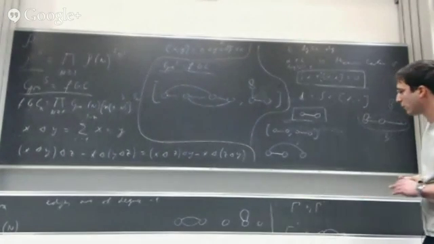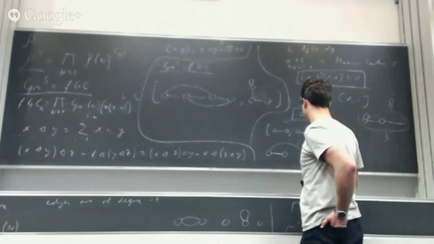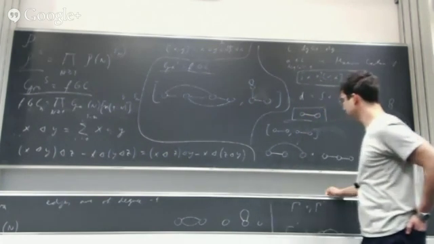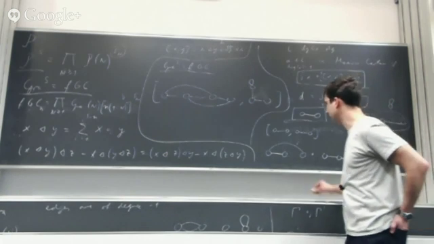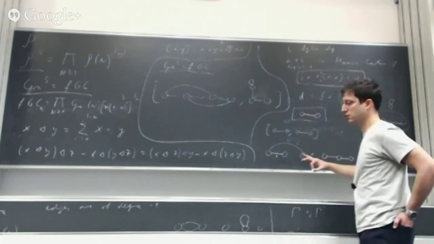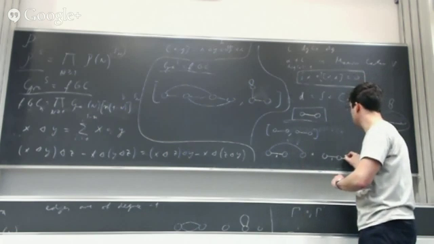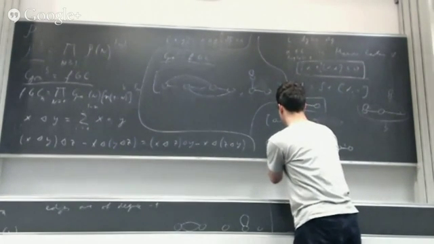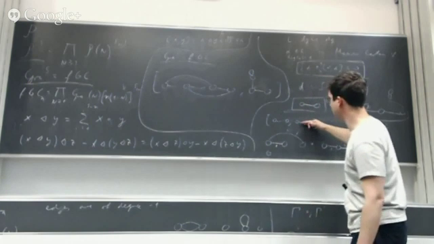If I want to be clear, I need to. But this is edge 1 and this is edge 2, if I want to be careful with signs. So this is edge 1, this is edge 2, and now I put this into the other. No, I'm putting this here.